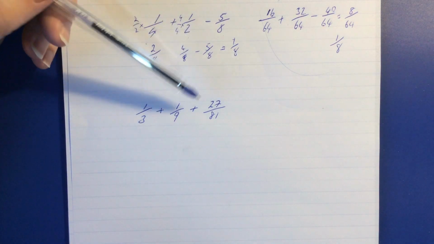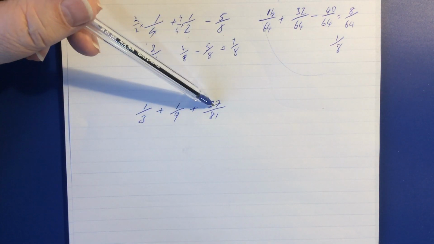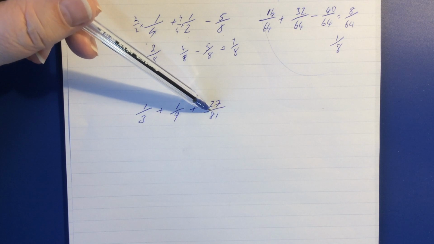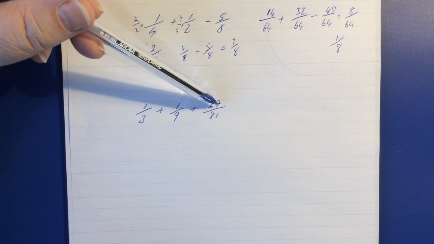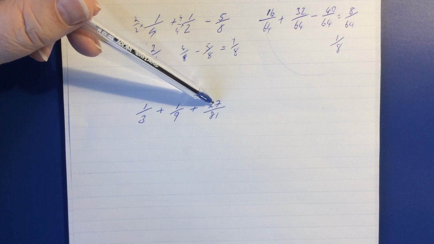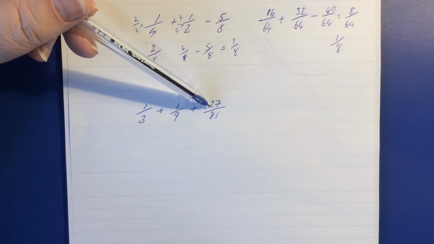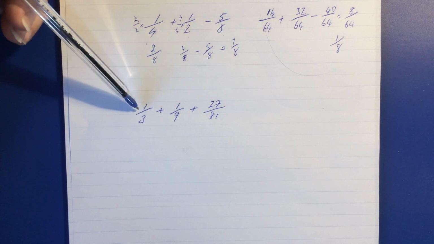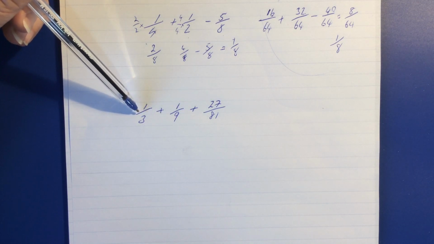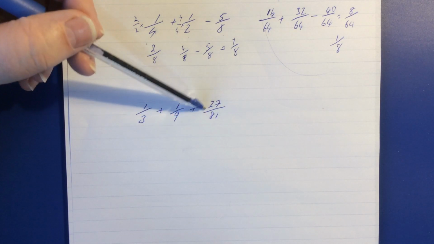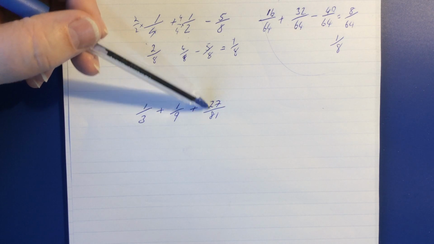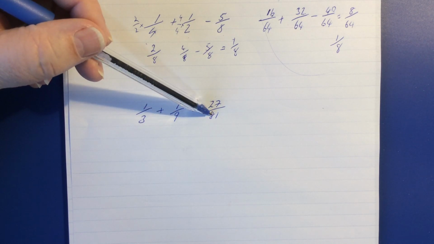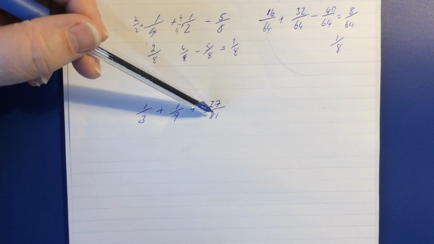So here we have things that are essentially multiples of 3. Now, it doesn't always work out that way. These are fairly easy examples, but they set you on your way if you understand this. Right, well, I would start here because these things have a common factor, 9.